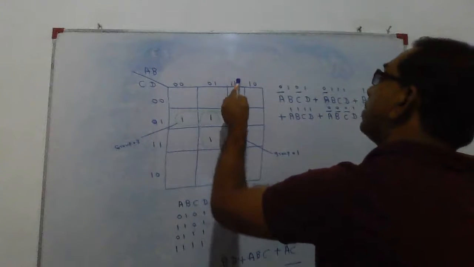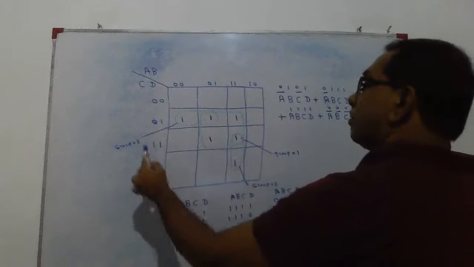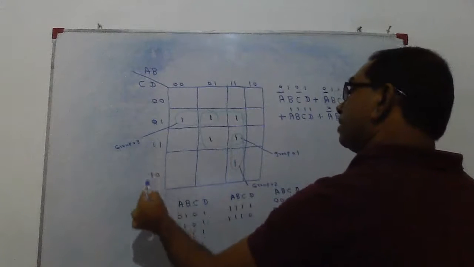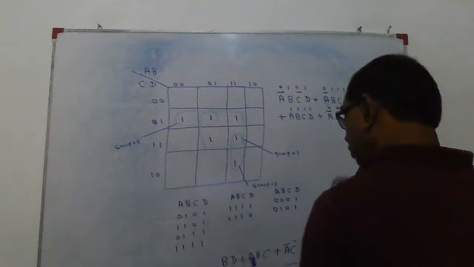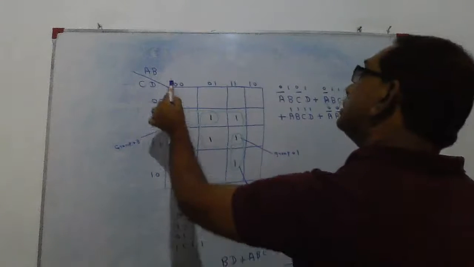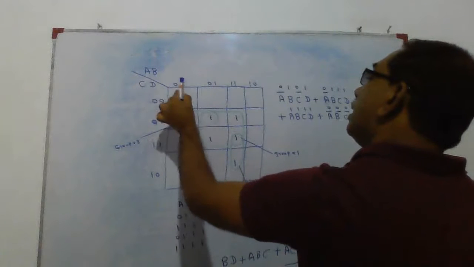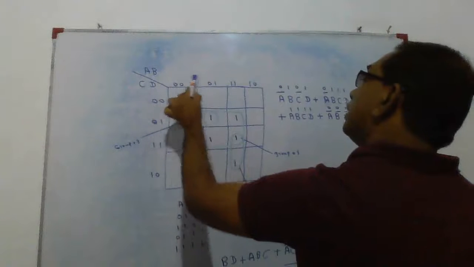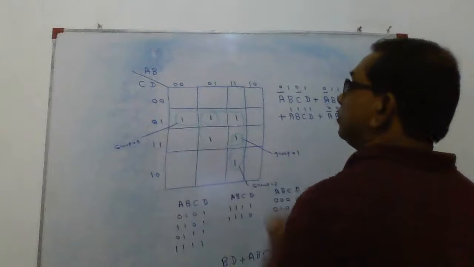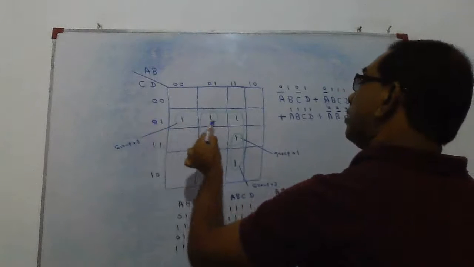What about the second group here? A and B can be taken, for both, A and B. What about C? C is common, but D is not common. So A and B and C can be taken. And for the last one, A bar, A bar, B bar and B. So A bar is common for the 2 cells. And here 0 and 1 is common for both cells.